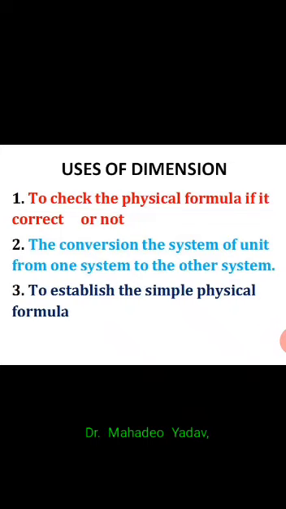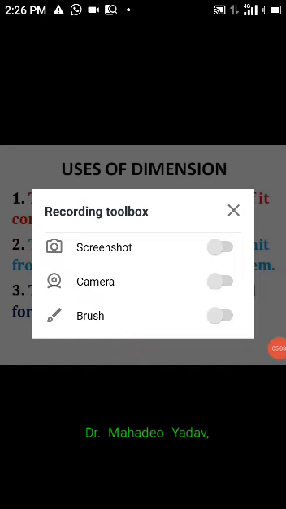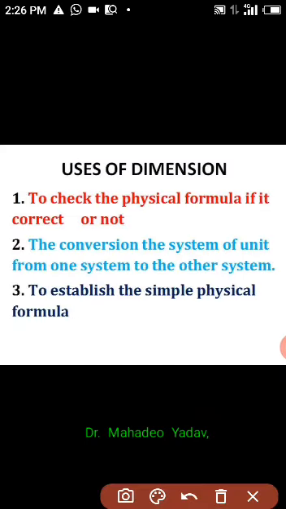The dimension has basically 3 uses: to check the physical formula, the conversion of system of unit from one system to the other system, and to establish the simple physical formula.